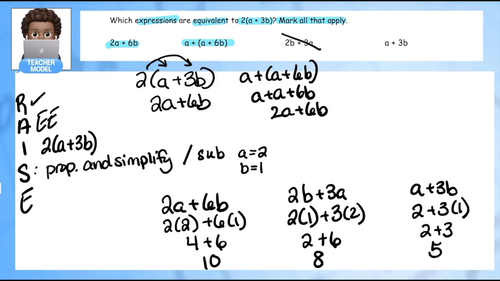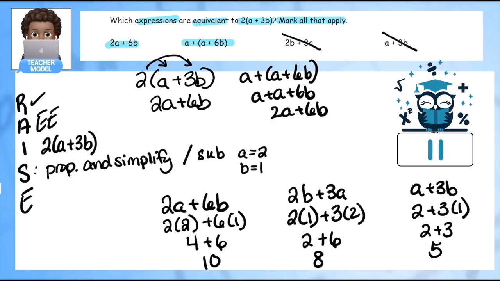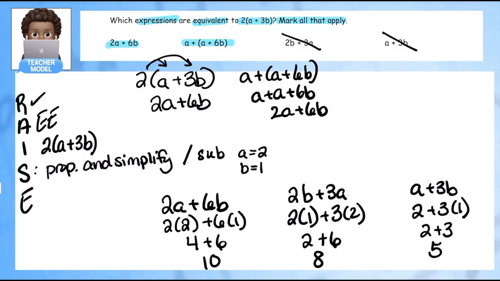Again, no, doesn't equal 10, which was what we were looking for, 2a plus 6b. So I can eliminate that one as well. So there we go. I was able to do some elimination work, both by checking the like terms and they were not the same. And then I second verified it using substitution. Hit pause and you can jot this one down into your notes. And we will get ready to do some practice.